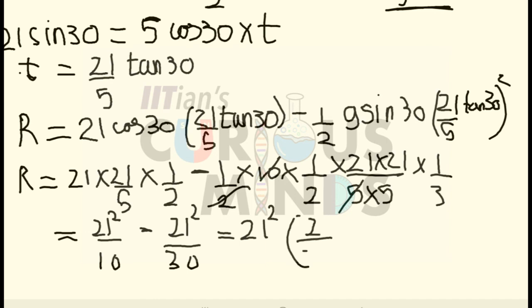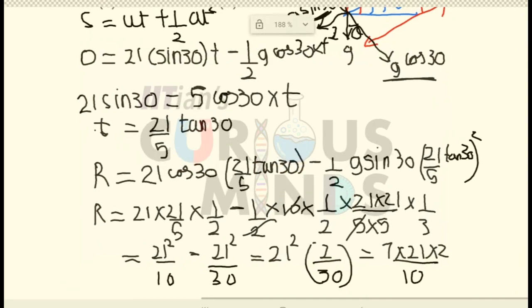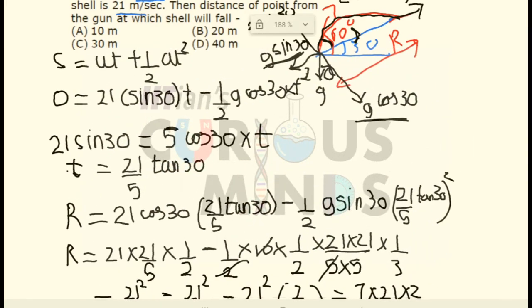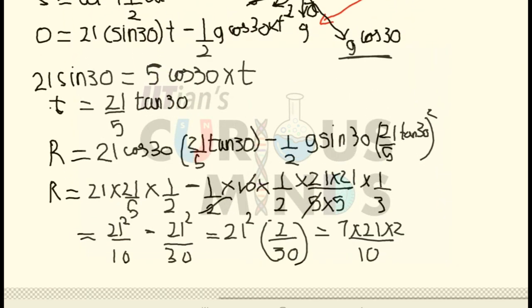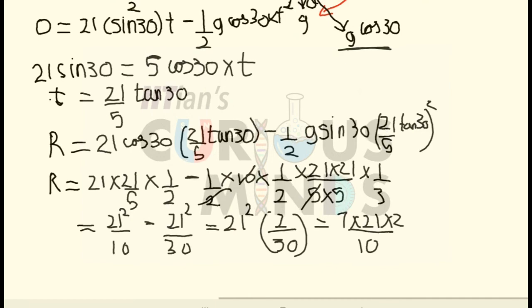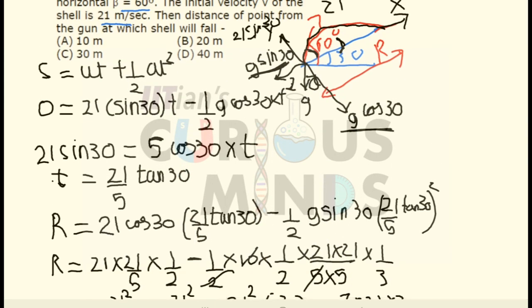So 7 into 21 into 2 divided by 10, which is 14 into 21 divided by 10. 14 into 21 is roughly 294, so it will be roughly 294 divided by 10, which is equal to 30 meters. So the range over here is equal to 30 meters.